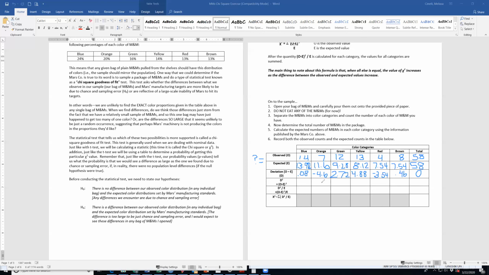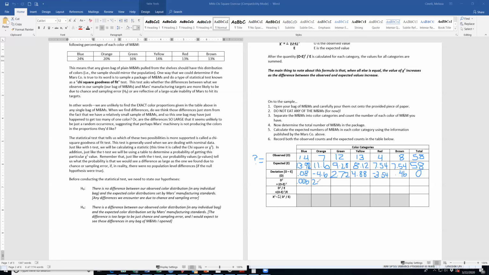The next thing we're going to do is square these deviations. The reason we're doing this is to get rid of that negative sign. Take it to 2 decimal places unless you need 3 to get a non-zero number. Here we need 0.006.